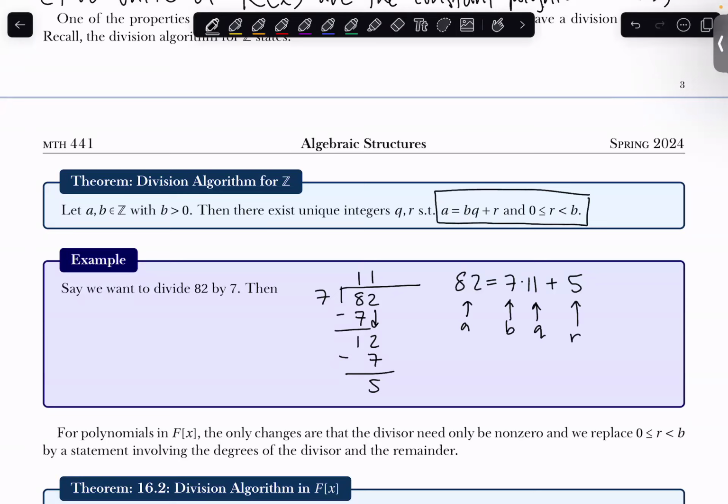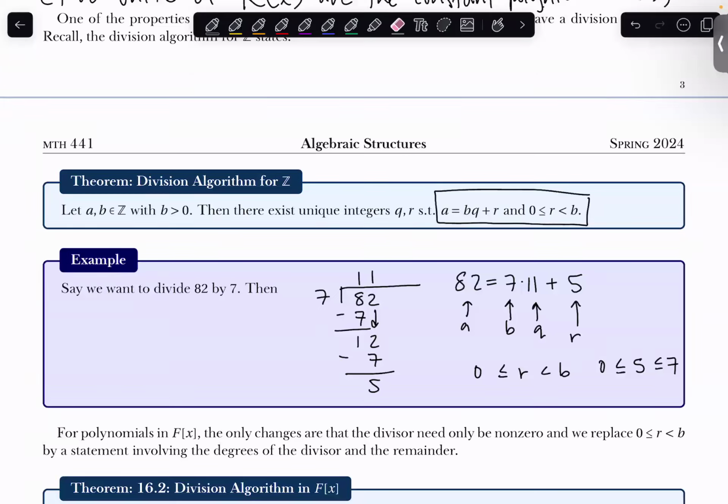And what we're seeing is that the remainder that we have is going to sit between 0 and what we were dividing by, that's 7. If it was something bigger, then we didn't pull enough out when we were doing our division. And anytime I write it in this form, where my remainder has to be between 0 and what I divided by, these two numbers are going to be unique. I'm not going to have options on what they could be. I can only write it in this one specific way.